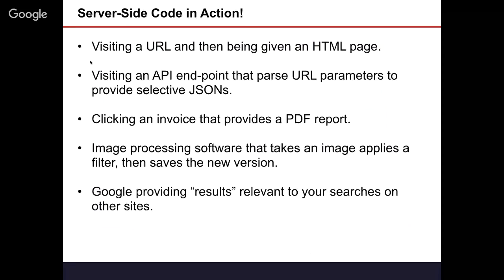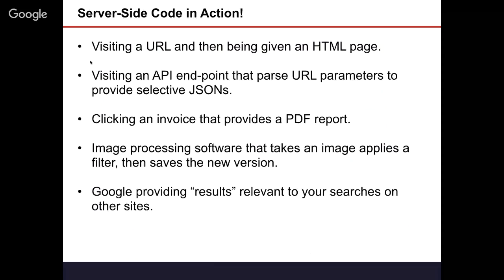There's URL parsing. It knows what that URL is and how it's going to be handled on the server, and you're displaying the information. When we did APIs for our first project, we're getting the endpoint, so we're able to parse the URL parameters, get back what we want from it. Even clicking on an invoice that provides a PDF report, maybe that'll be served up by the server, and we'll be able to download that to our machine.